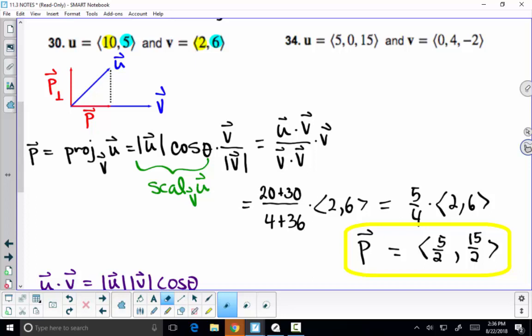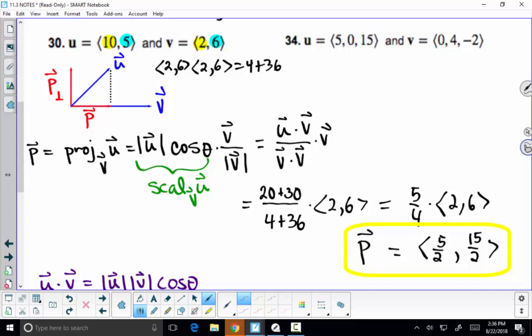There's no one little step that's hard here, it's all the steps put together. So u dot v: multiply, multiply, add. For v dot v, we do the same thing, but we're dotting v with itself, so we're basically saying 2, 6 multiplied by 2, 6. That's going to be 4 plus 36. Does that make sense? Thank you.